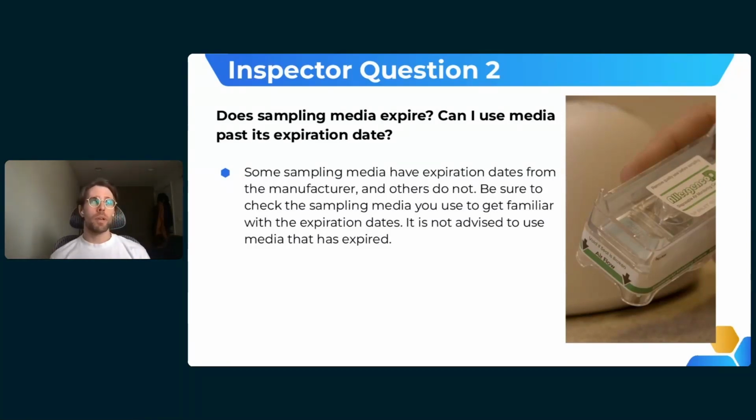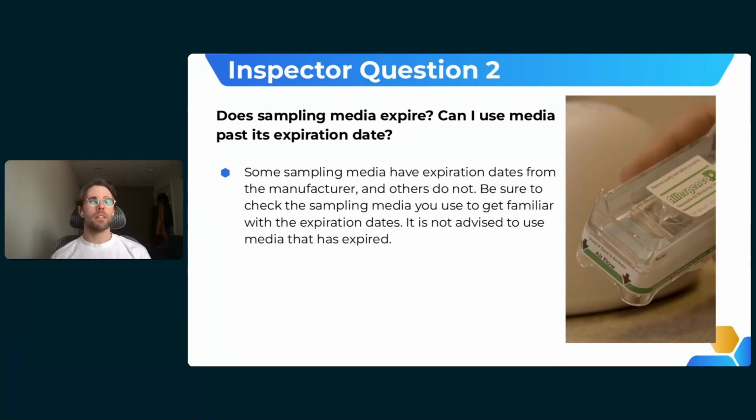Now, if you're in a pinch and you absolutely have no other option, using something that's been expired, I've used cassettes in testing. Now, this is anecdotal and not anything very scientific, but I've used cassettes that are months past date and been able to effectively collect and analyze them.